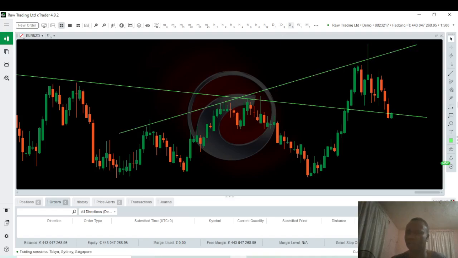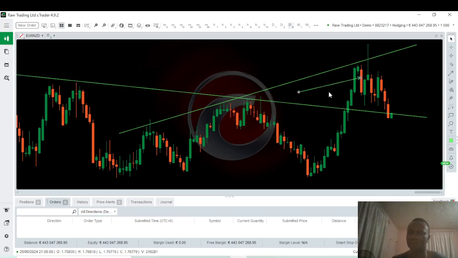I observe that the trend seems to not look clear, but what gives me some kind of confidence that this trade is ready to go is because I have a bearish engulfing candlestick pattern somewhere. So let me show that my bearish engulfing candlestick pattern is what I have right here.